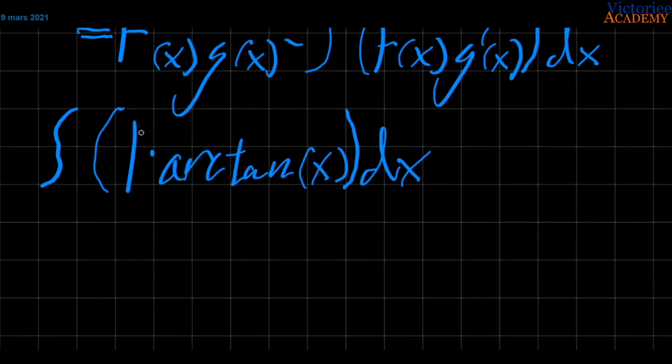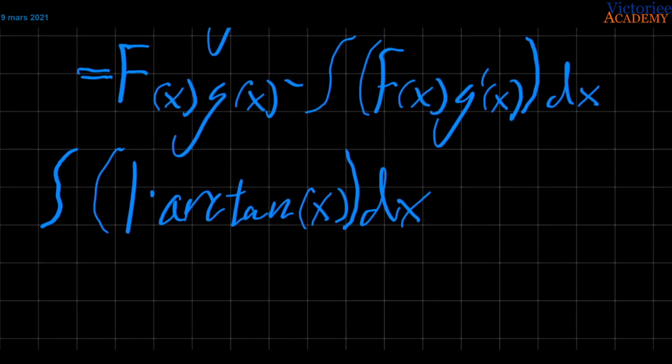And we get a very simple f of x to find. So if we do this down here, we get the primitive function of 1 is x. And then we just put arctan here.